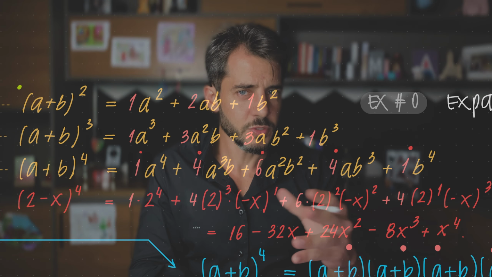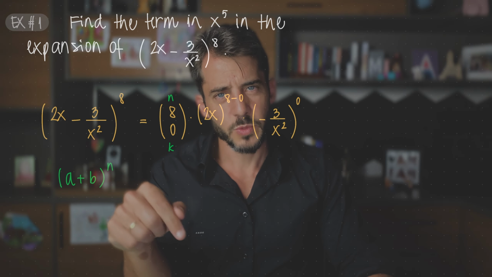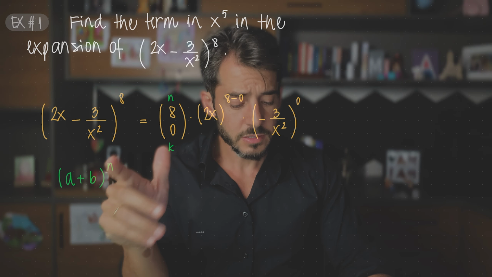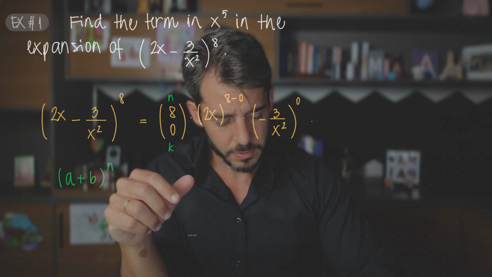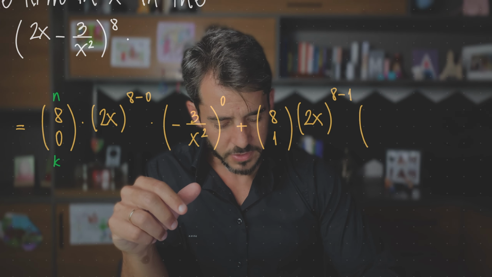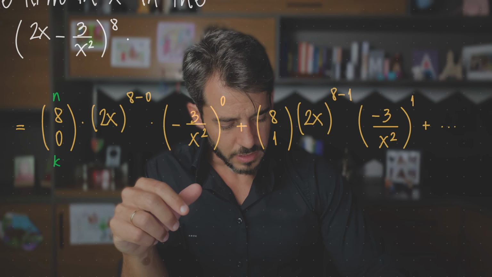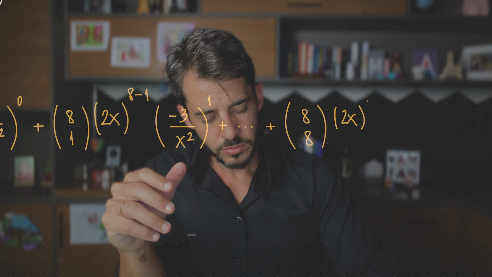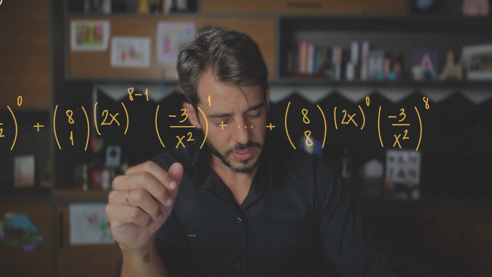So we can write a few terms in the expansion of (2x minus 3 over x squared) to the eighth as well. So again, 8 choose 0, (2x) to the eighth, (negative 3 over x squared) to the 0, plus the next one will be 8 choose 1, (2x) to the 8 minus 1 times (negative 3 over x squared) to the first power, plus dot dot dot all the way to 8 choose 8, (2x) to the 8 minus 8, (negative 3 over x squared) to the 8th power.